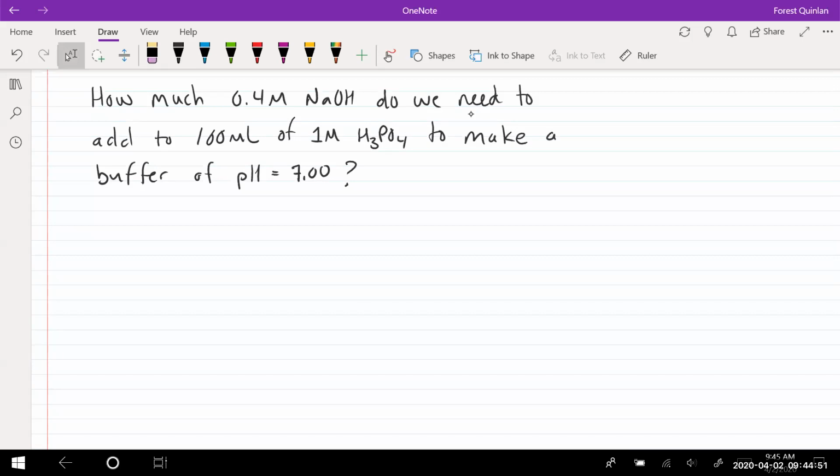So I'll remind us that we have H3PO4 goes back and forth to make H plus and H2PO4 minus, and this has a pKa equal to 2.12.